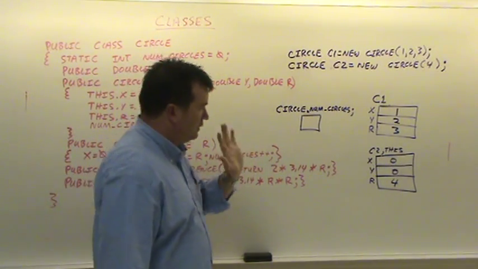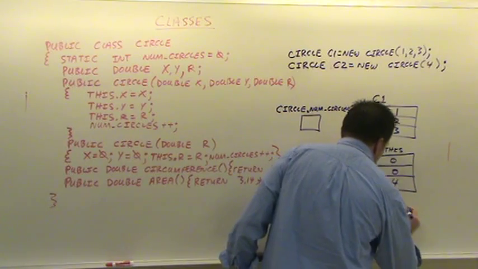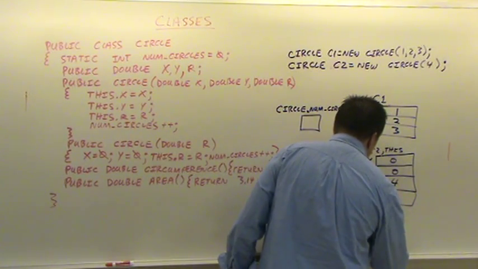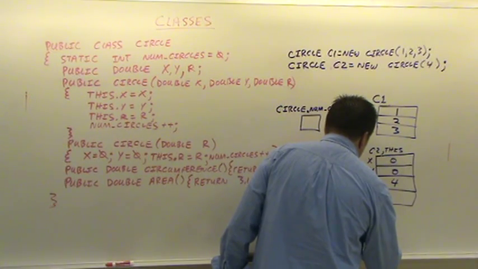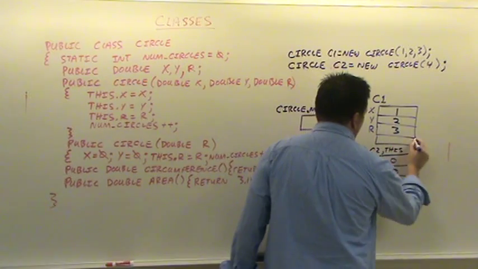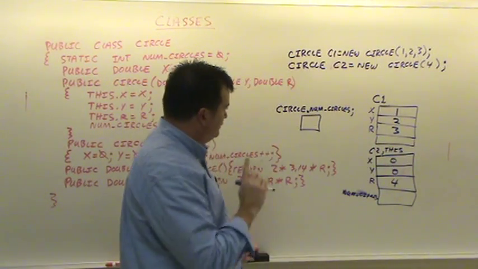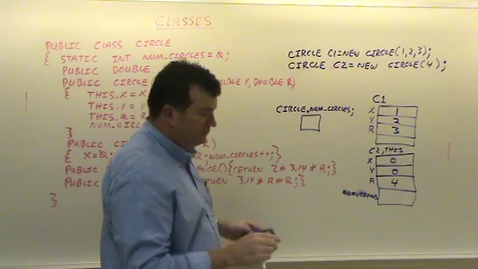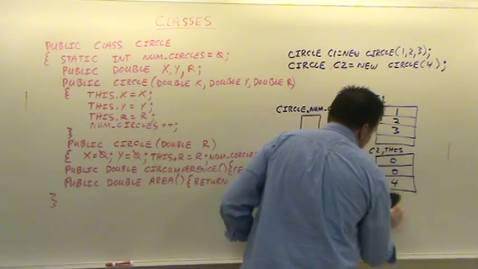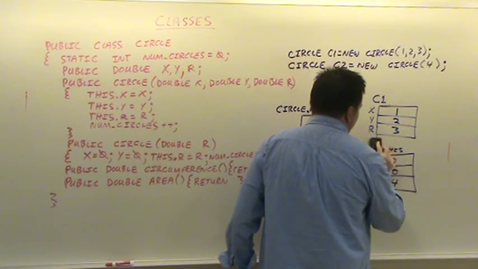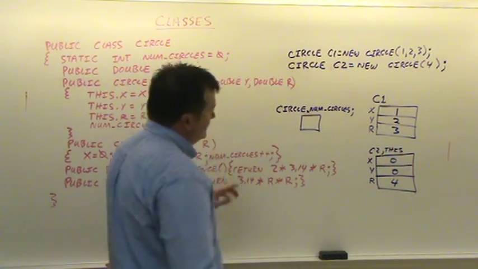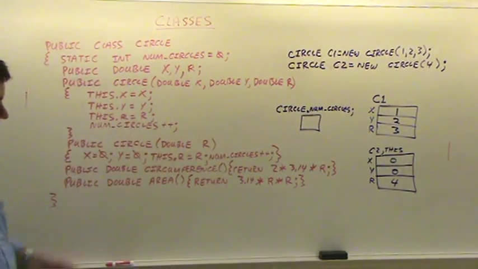So we're not going to have this, num circles and num circles. We don't have one for every object. We just have one variable for the whole class. A simple example would be if we had a counter, counting up how many circles we have created.